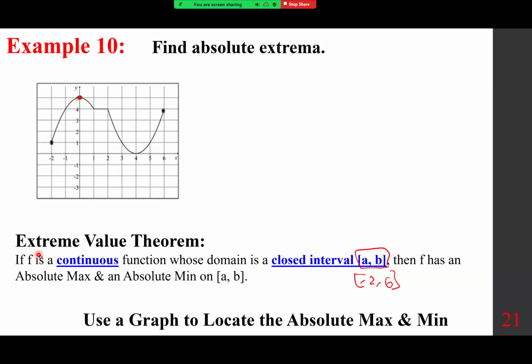As you can see, here's the location of the absolute max. So absolute max equals what? 5. At what point? 0, 5. We also have an absolute min. Where is that? Here. Absolute min equals the y coordinate of this point, which is 0 at 4, 0. This is the way you write it. When you want to answer this question, you want to see how they want you to answer it. Okay?